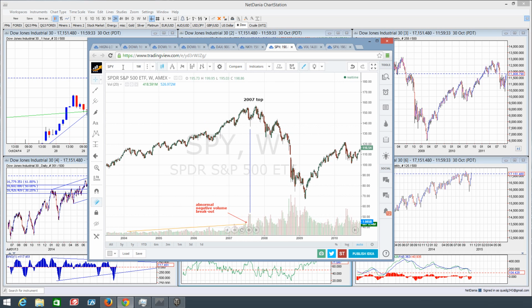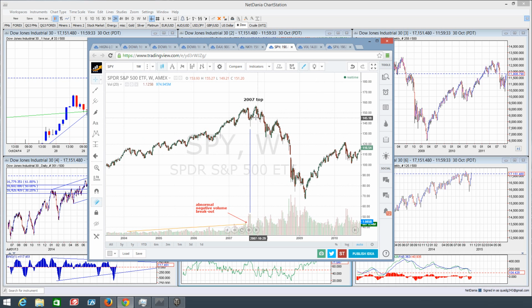This is the SPY S&P 500 ETF. We see that volume basically double what was the normal volume through this incline. So this was another warning shot, if you will, that the market was moving into abnormal movement territory and cause for concern.